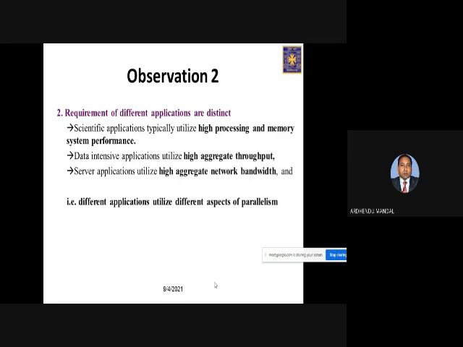So different applications utilize different aspects of parallelism or the high performance computers that we have. We have some applications that we need to solve, which were not possible long before, but as time passes and development happens, we are now in a position to solve some of those problems. And different problems have different requirements, so one particular system will not work for every application. You have to keep that in mind too.